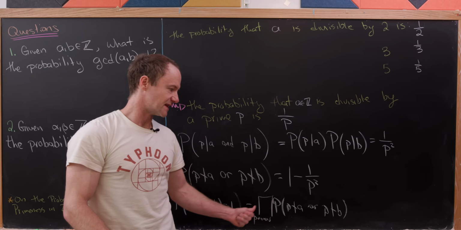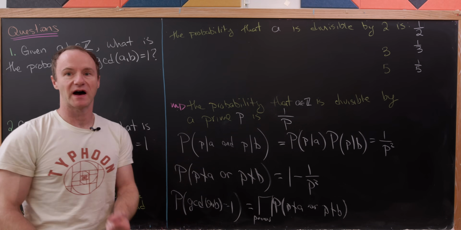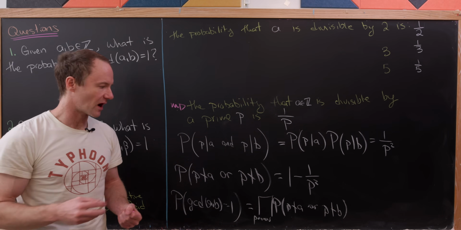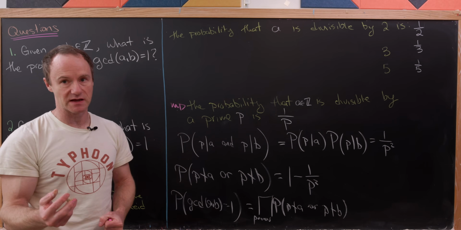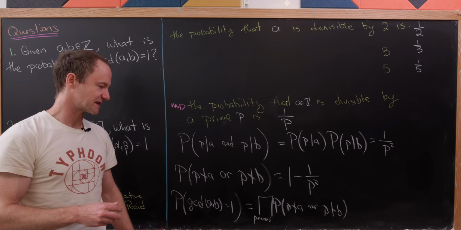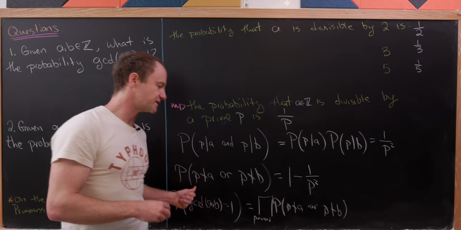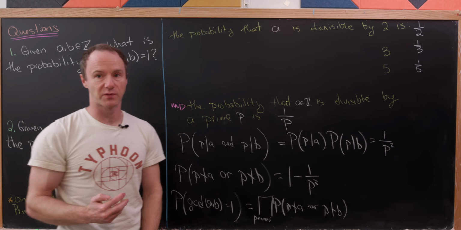That means that no prime divides both of these. But if there is no prime that divides both a and b, then the GCD has to be 1. Of course, we're using the multiplicative property of probabilities here.